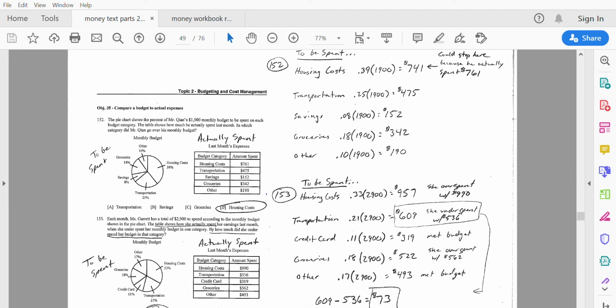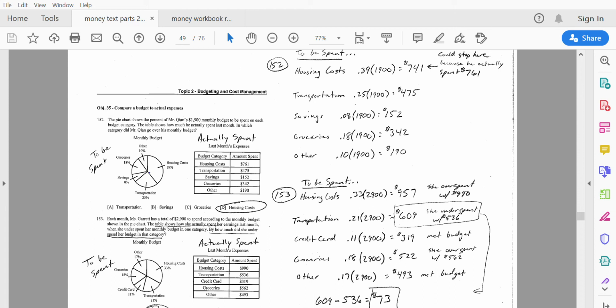The only difference is she underspent in a category. So in 152 up here, he spent over his budget on one of the categories. Here we're looking for which one she spent under.